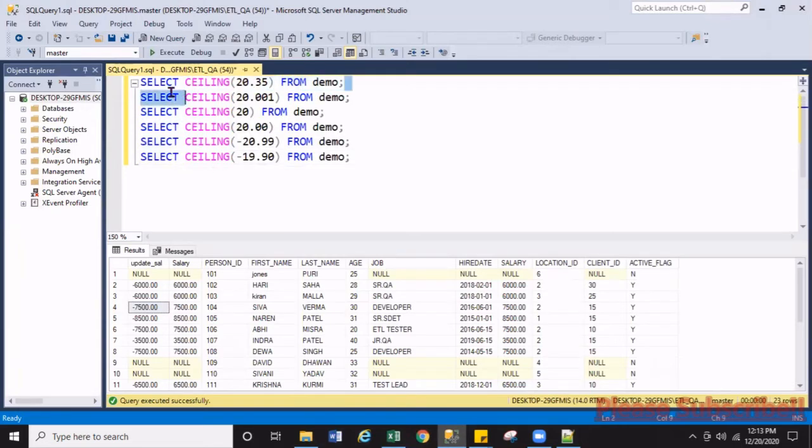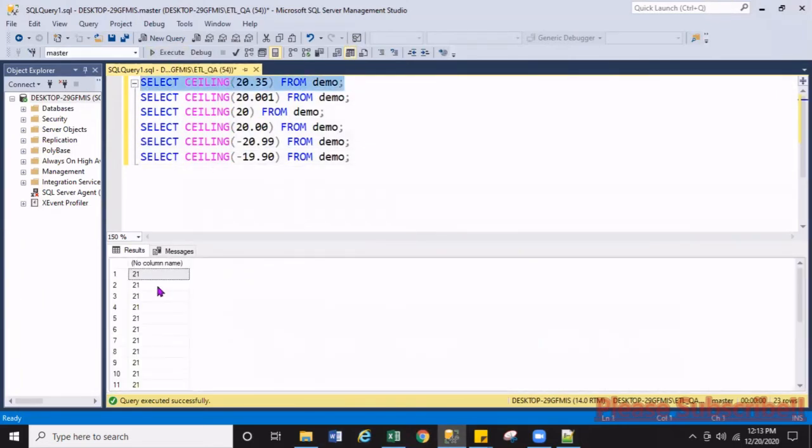So for example, it becomes 21. Even though 3 and 5 is leading to 0, it becomes 21. See, even if I put 0.001, it's still leading to 21.